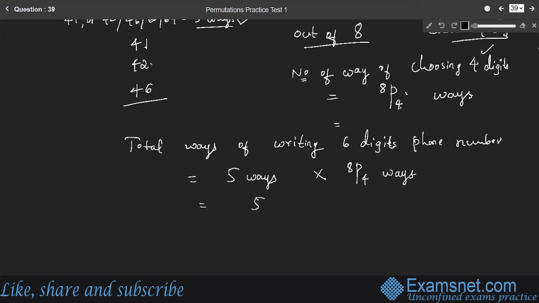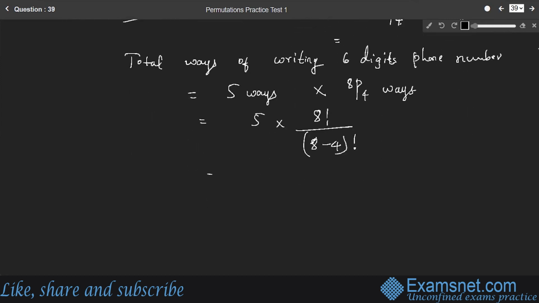It is 5 into 8P4, which is factorial 8 divided by factorial 8 minus 4, which is nothing but 4 factorial. So 5 into, 8 factorial is 8 into 7 into 6 into 5 into 4 factorial divided by 4 factorial. So we can cancel 4 factorial and 4 factorial.